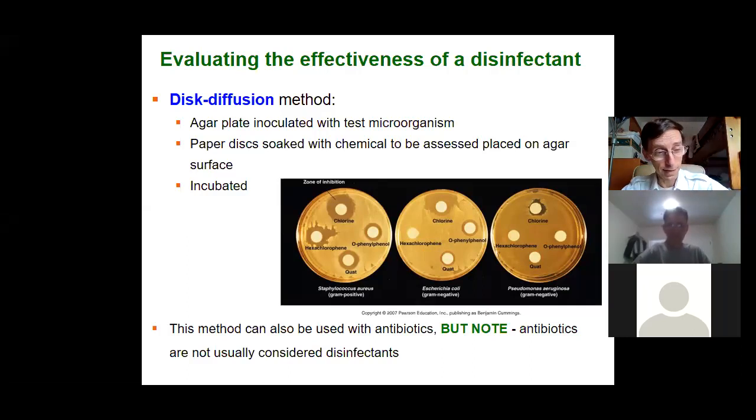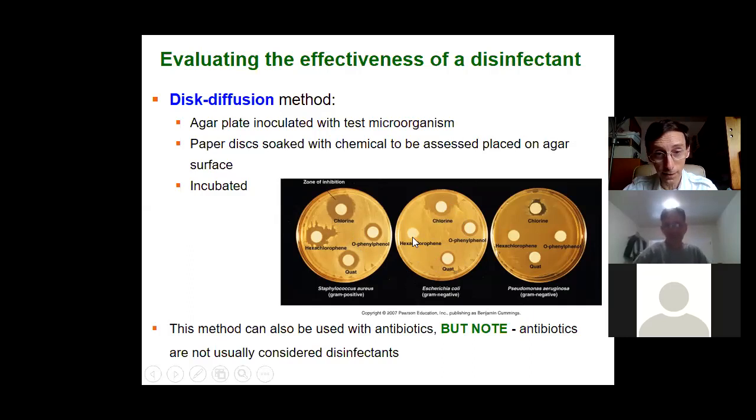if the disinfectant reacts with the bacteria. Now you can see the different bacteria, like Staphylococcus aureus, all of the chemical agents we tested had some zone of inhibition. Some of them, this one and that one, were quite good. But some of the bacteria, like the E. coli, it definitely was much less effective for E. coli.